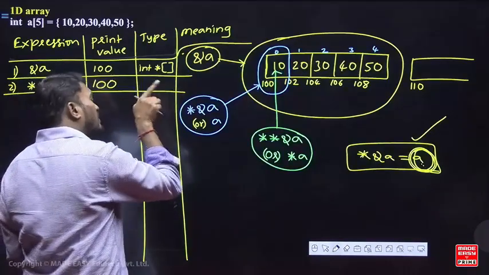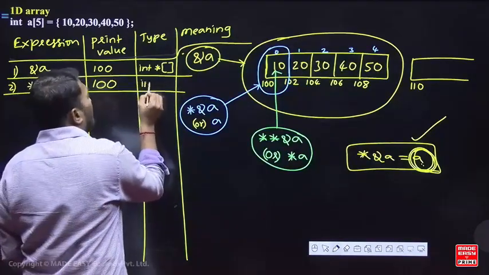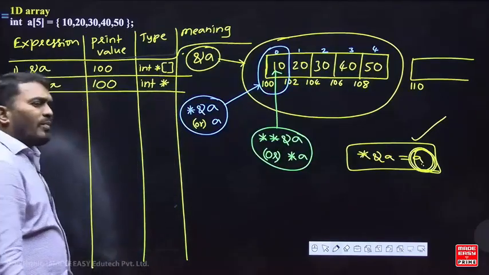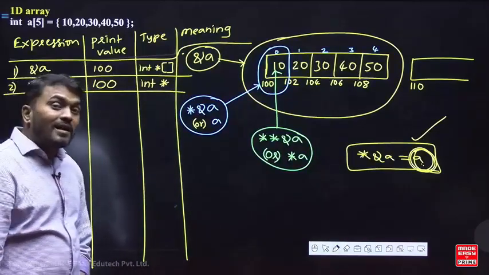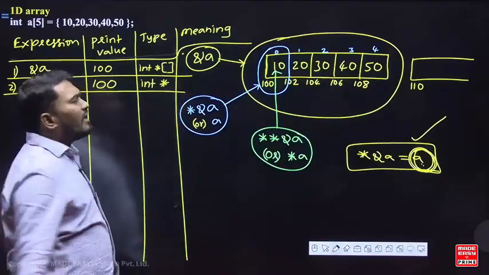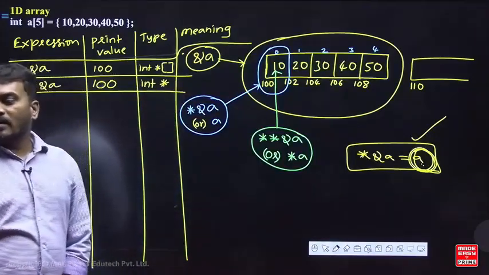Now it is pointing to an element, so the type becomes int star. It is also a pointer, now a pointer to an element. Note down, what is the meaning here?